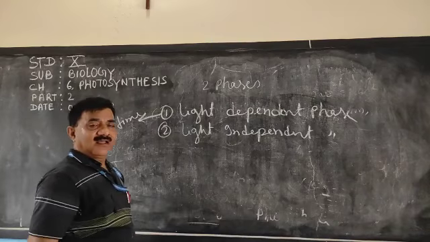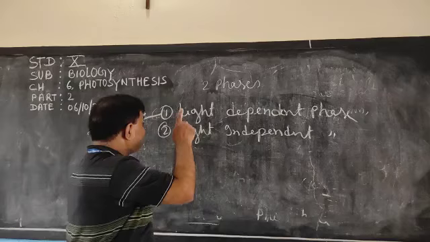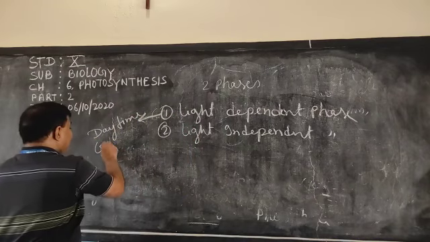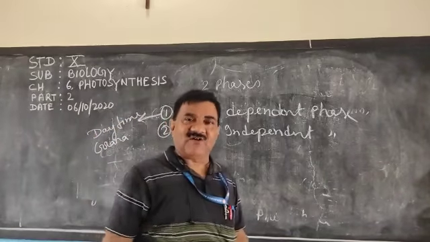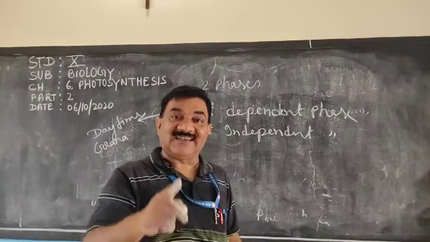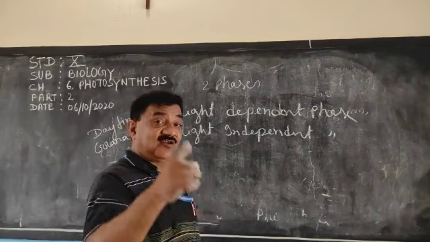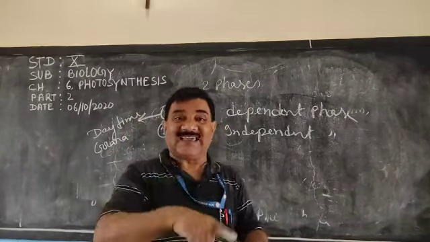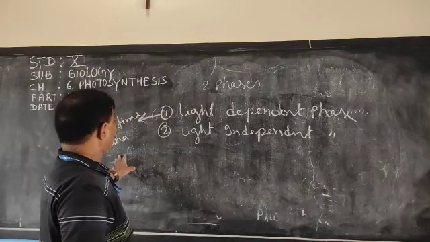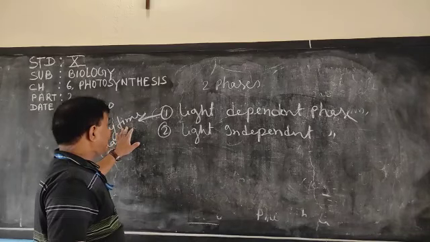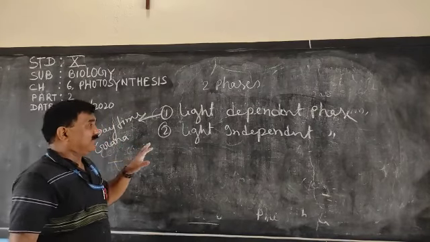And I have told you about the stroma and grana. It takes place in the grana because grana is made up of thylakoids, and the walls of thylakoids contain chlorophyll. And chlorophyll has the capacity to convert solar energy into chemical energy. Means chlorophyll is necessary. So, it will take place during daytime or in the presence of light in the grana.